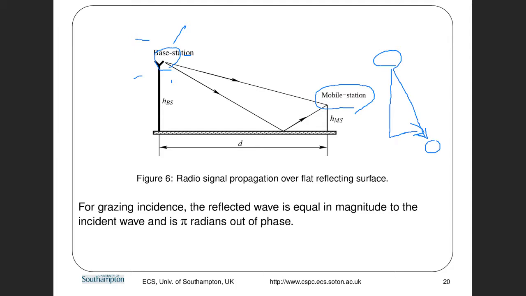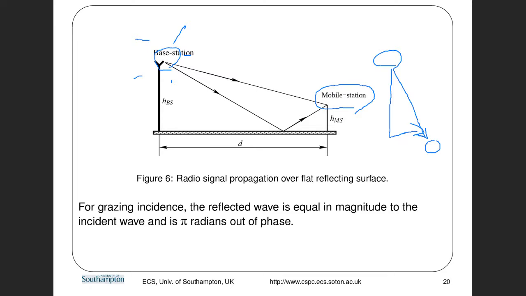So in order to model this mathematically, we have to make some assumptions. The assumption we make here is that the signal power of the direct line of sight equals the signal power of the reflected link. However, in reality, normally the reflected link has smaller power, because when the signal travels along a reflected link, the distance of this link is longer than this link, right?